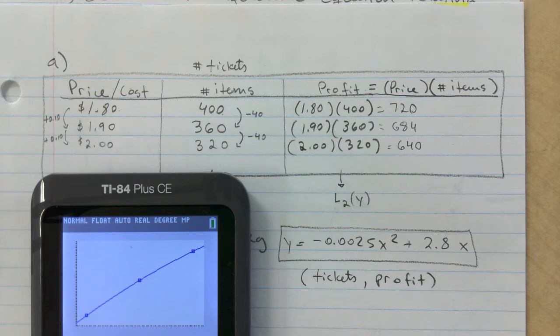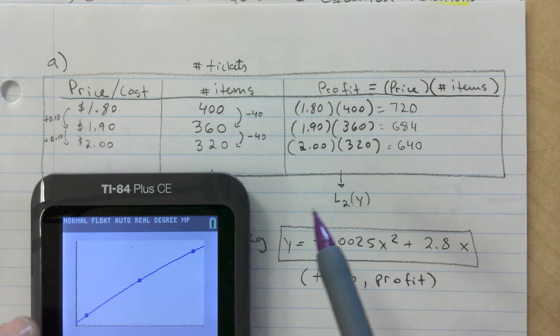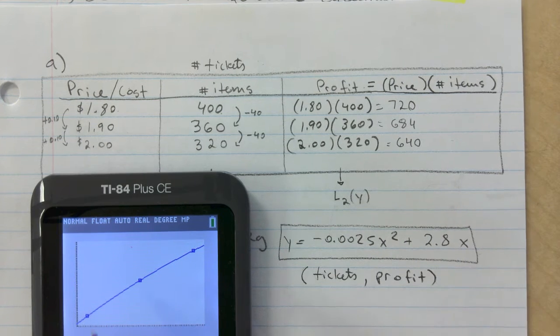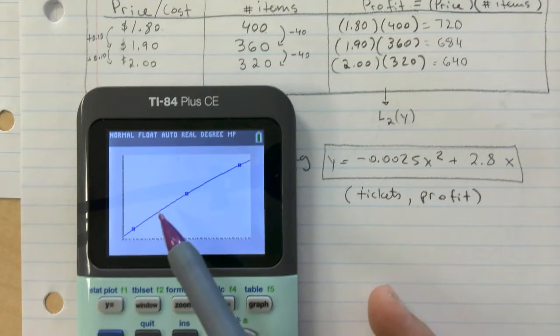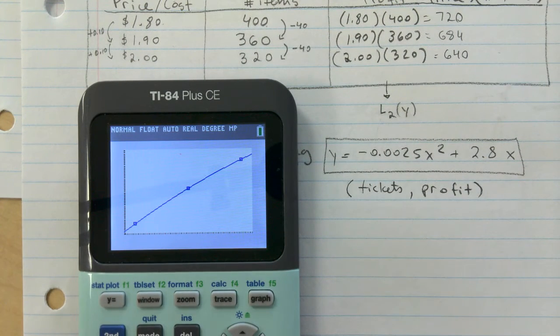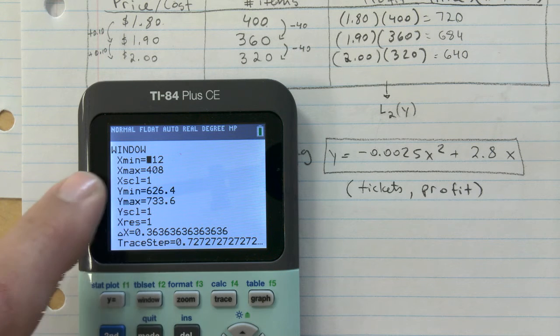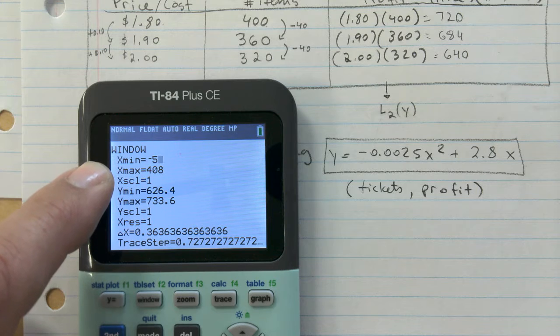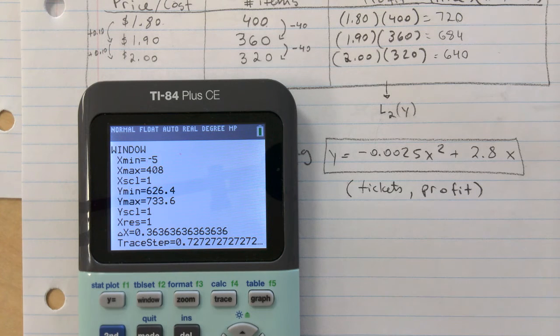So basically what you're seeing is a section, those 3 points we just created, it's zooming into those, but the parabola continues, right? It keeps going this way, and it also keeps going down here. So watch what I'm going to do. This is almost standard procedure. I'm going to go window, change my X-min to -5, because I want to see a little bit to the left of the y-axis.